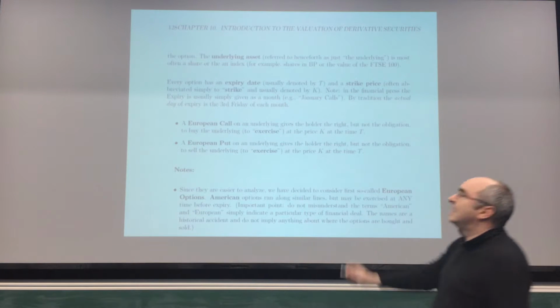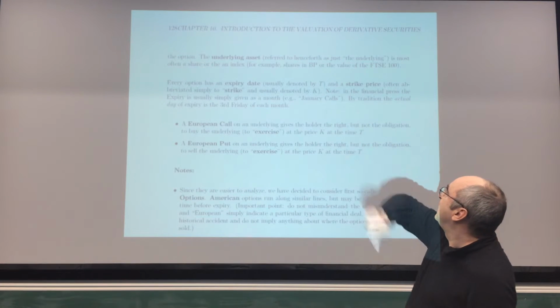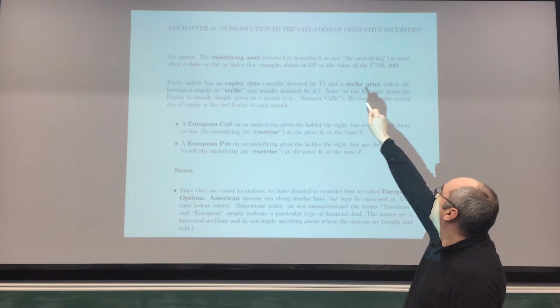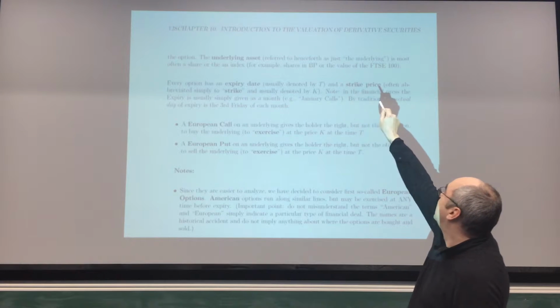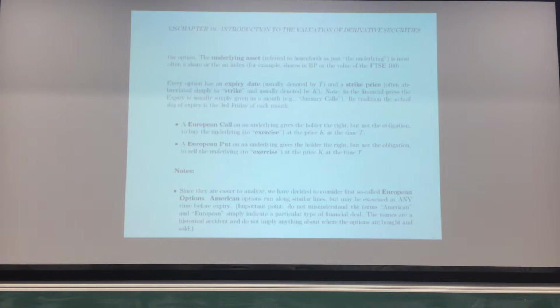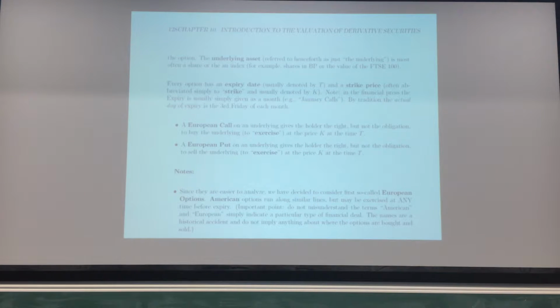There's an expiry date associated with them, so they expire. There's an end at which the contract ends. That's usually denoted by a capital T. And in European vanilla calls and puts, you have things called strike prices. So a strike price, usually denoted by K, is basically a value at which something happens.